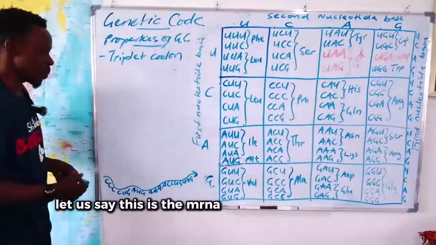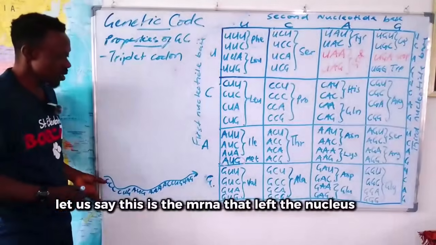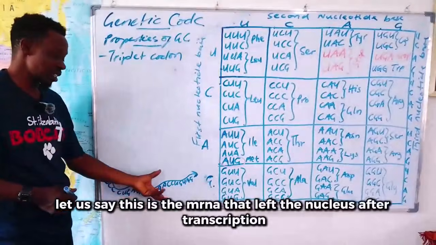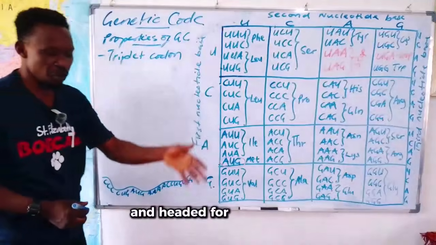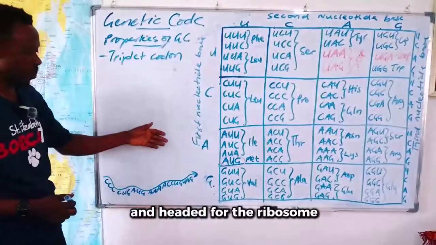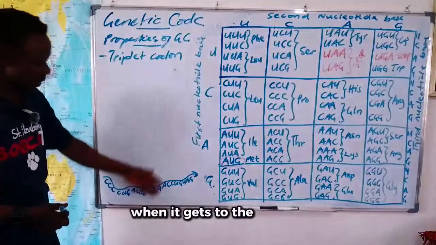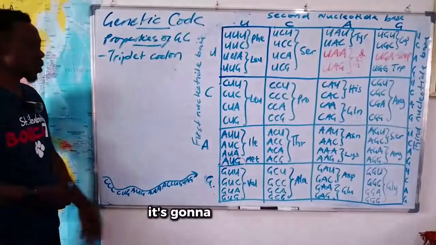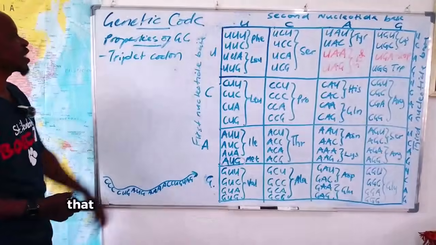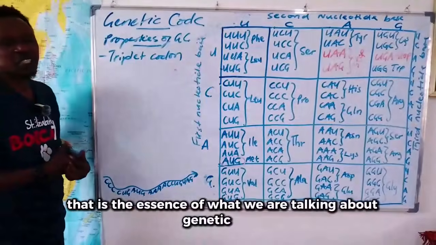Let us say this is the mRNA that left the nucleus after transcription and headed for the ribosome. When it gets to the ribosome, it's going to be translated. That is the essence of what we're talking about, genetic code.